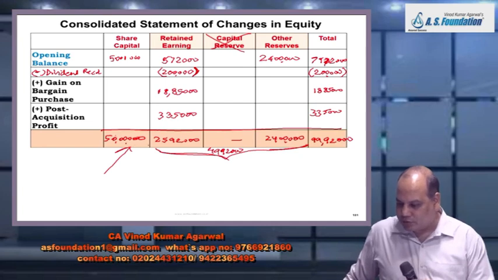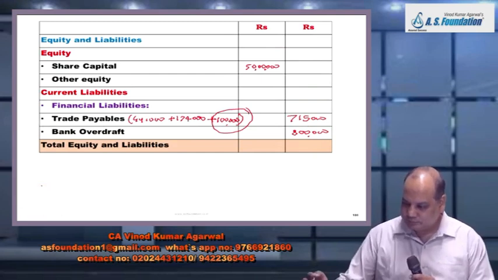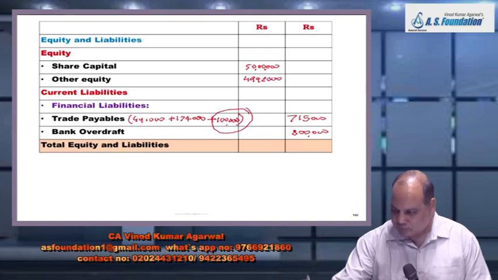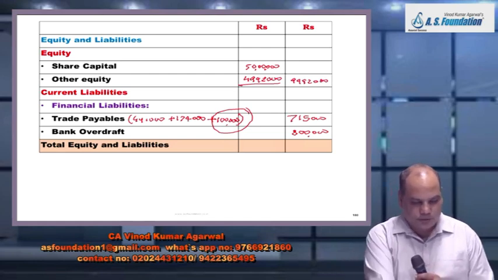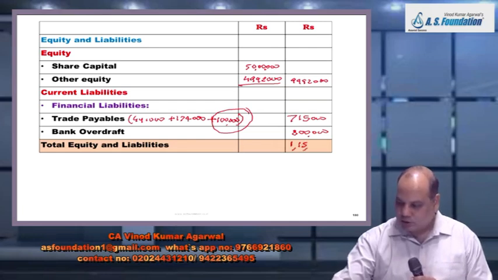I think I have already written 49 lakh 92,000 right here. Nine nine nine two triple zero. Tell me the total of the 1 crore 15 lakh 7,000.